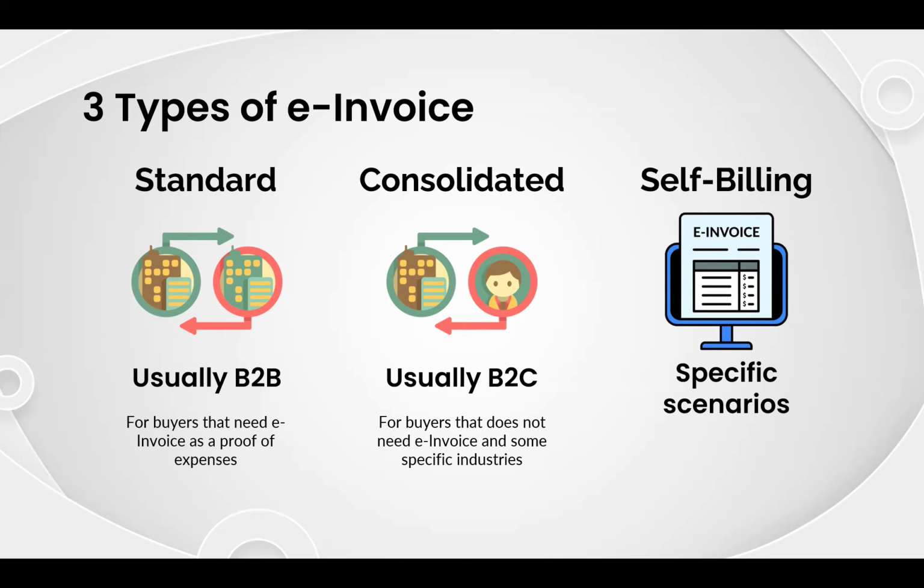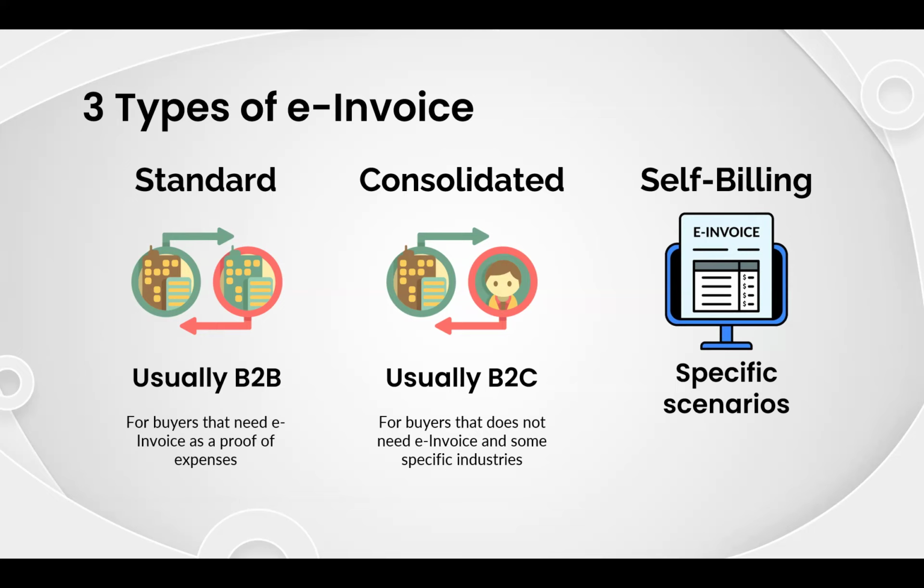The third one is self-billing. Self-billing is for specific scenarios. For example, if you get goods and services from an overseas supplier, especially Google or other foreign companies, that do not provide e-invoices because in their country's regulation they do not provide them, they still provide a normal invoice to you.